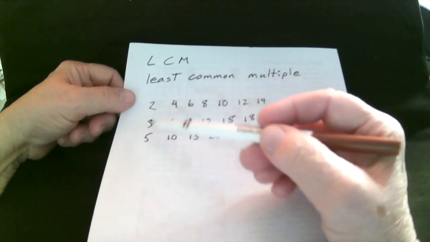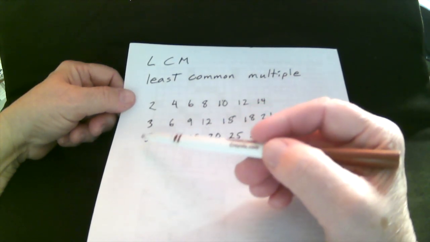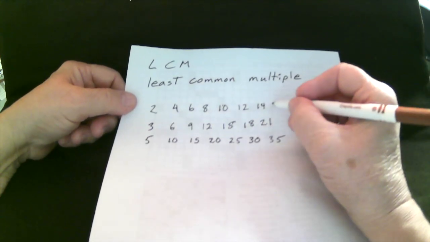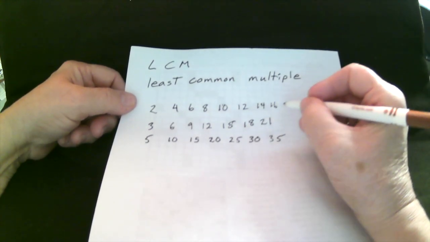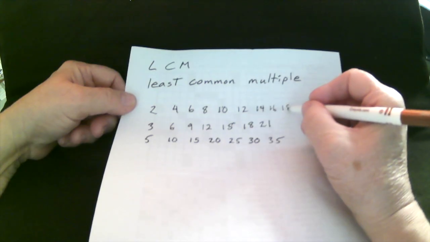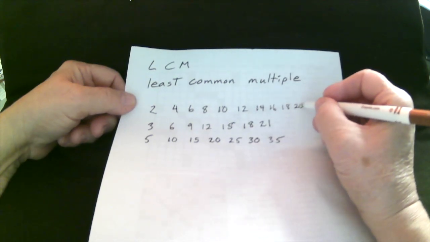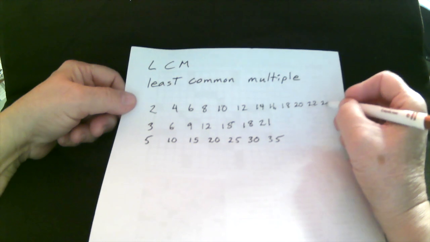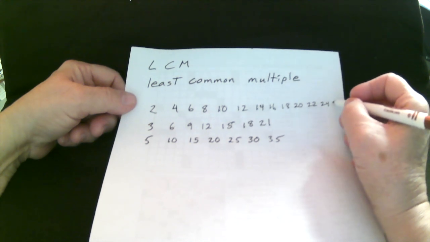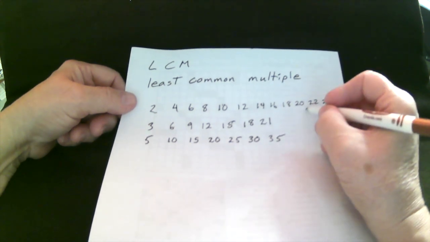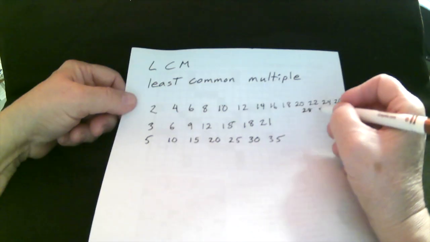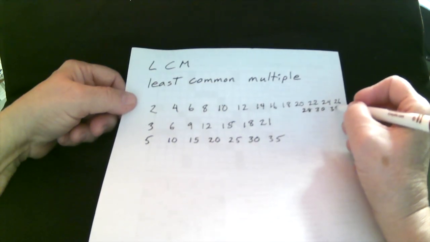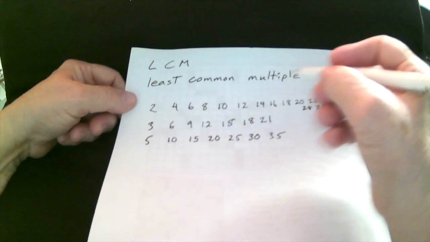Is there a common multiple for all three of them? We'd have to extend our list to find out. We'd have 16, 18, 20, 22, 24, 26, 28, 30, 32.